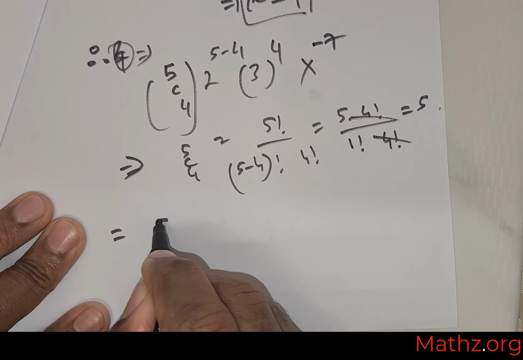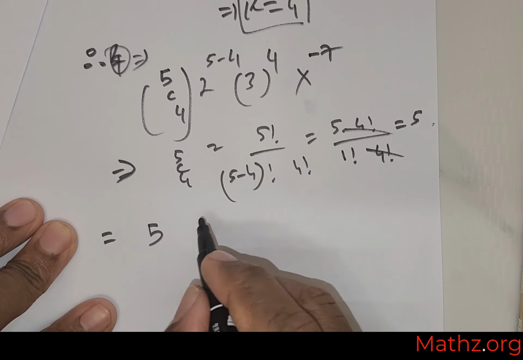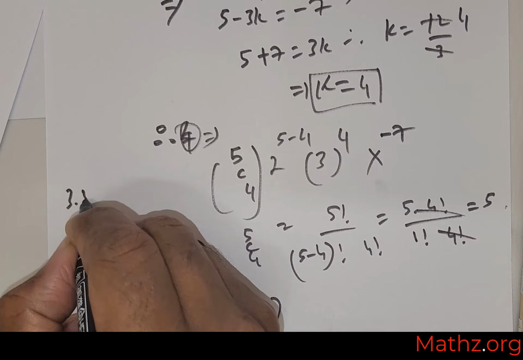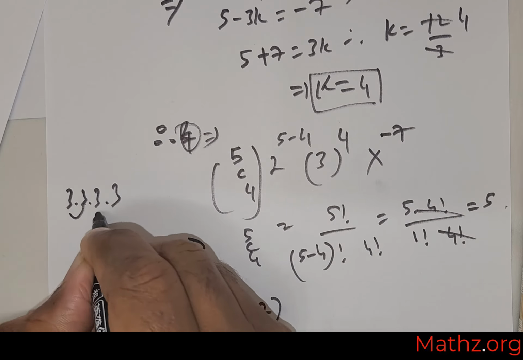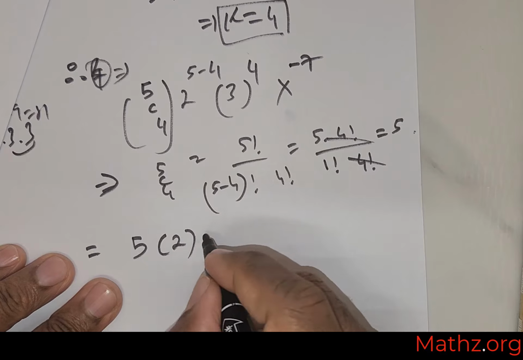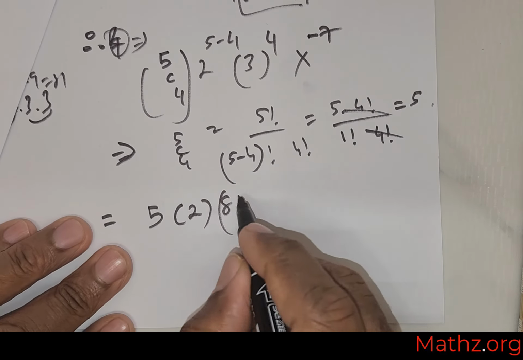So this is equal to 5 times 2 raised to the power of 5 minus 4, that's going to be 2. Now 3 raised to the power of 4, 3 into 3 into 3 into 3. 3 3s are 9, 3 3s are 9. So 9 multiplied with 9 you get 81. So you have 81 there. And x raised to the power of negative 7, you don't have to place that.